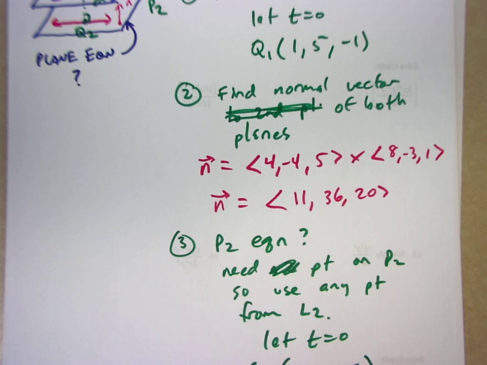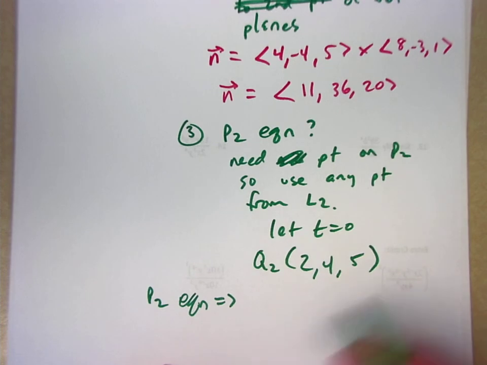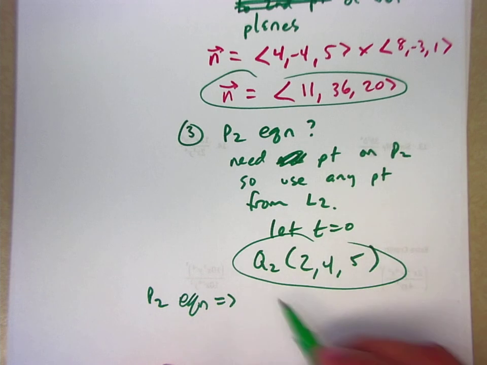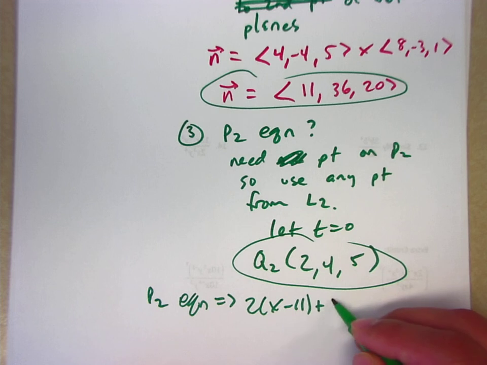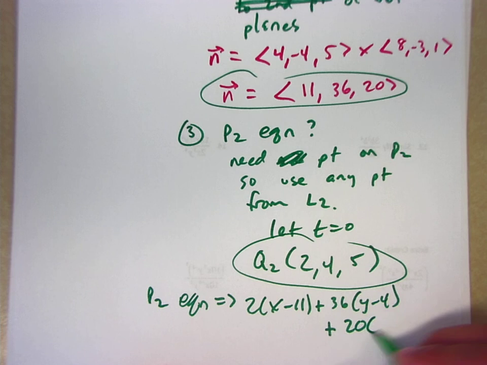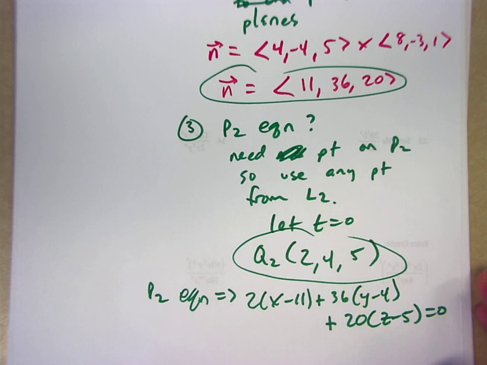And so the plane equation for the second plane, using the point-normal form, with our normal vector and our point, is 11(x − 2) + 36(y − 4) + 20(z − 5) = 0. Clean this up and write it in standard form.